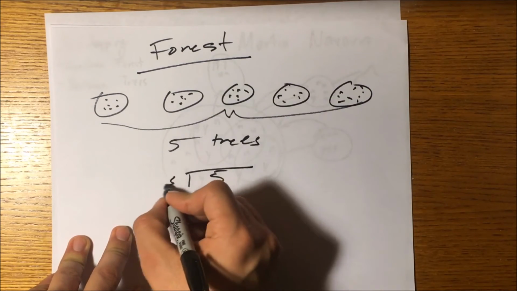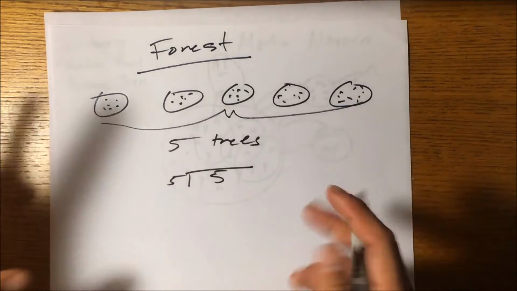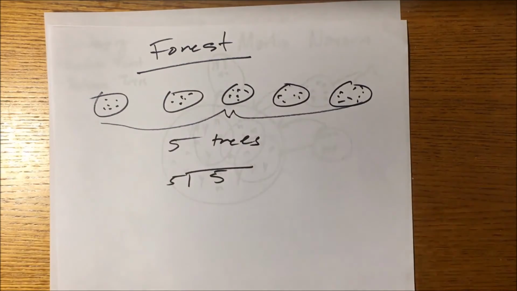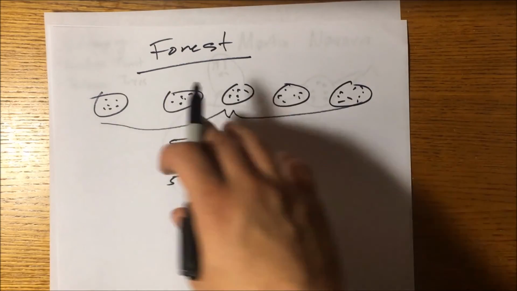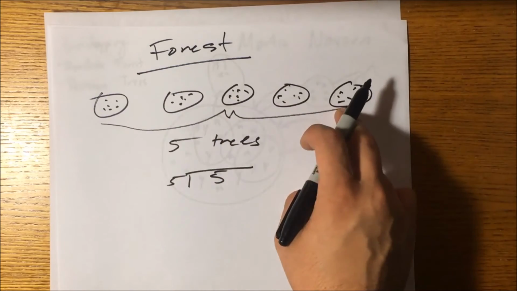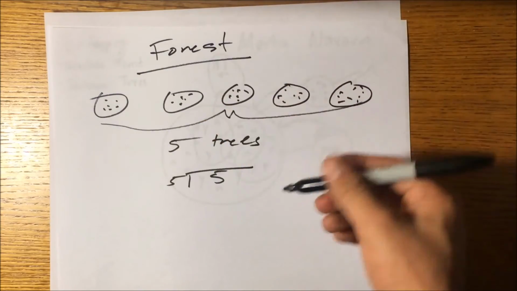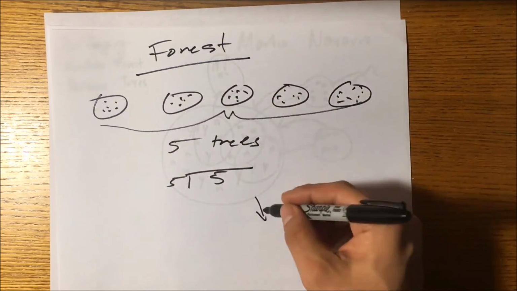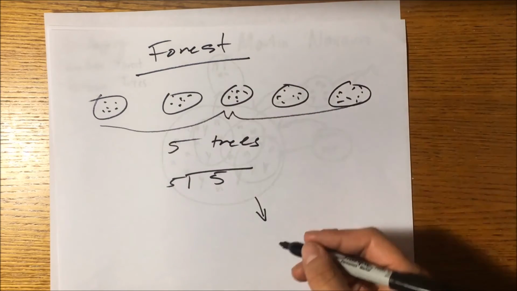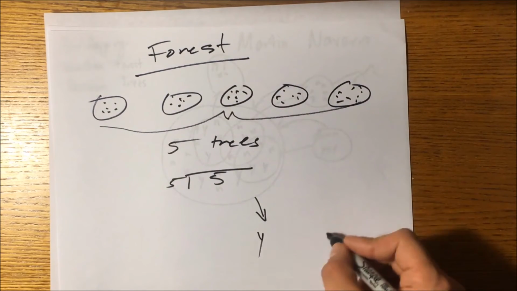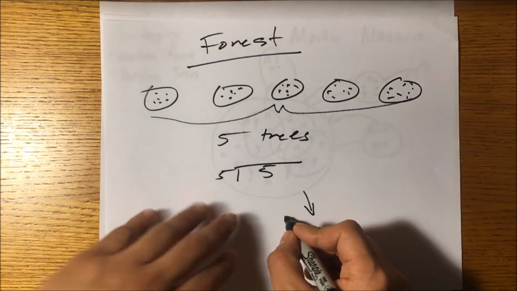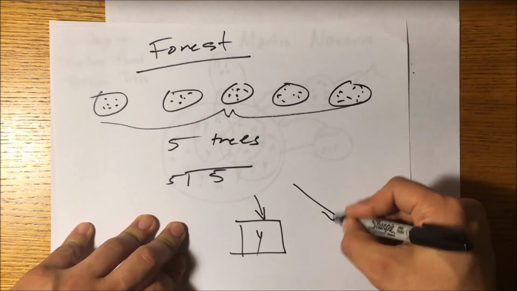It would be 5 divided by 5. But that's the simple way of explaining it. What you're doing is dividing all the outcomes of each tree by the number of trees to get a better outcome, and depending on that, you determine whether you're going to go to college, whether it's going to be a yes or a no.